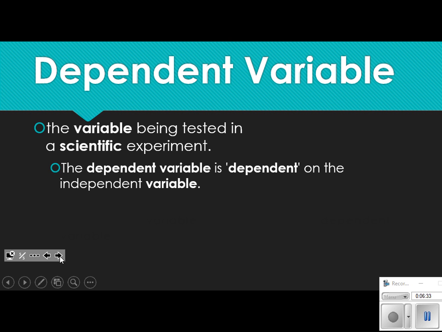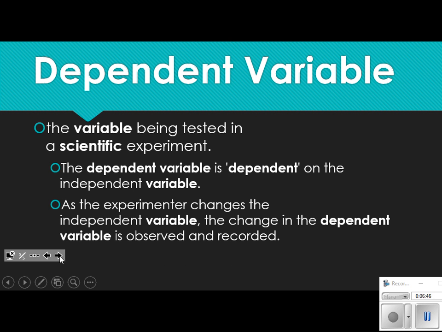So, in a good experiment, we have one independent variable. That one independent variable will cause something to happen to that dependent variable. As the experimenter changes the independent variable, there is a change in the dependent variable.